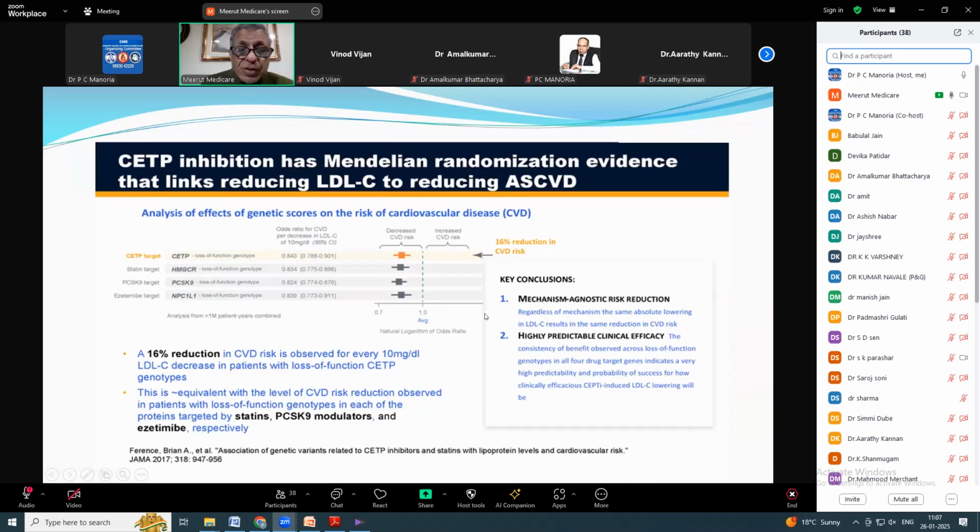So what I'm trying to emphasize is that, unlike HbA1c, the LDL-C is a quantitative reduction, not a qualitative reduction. Whatever is the mechanism, including bariatric surgery, the percentage of LDL reduction matters, not the method or the agent with which you reduce. So that is a very, very basic fundamental difference between LDL and HbA1c.